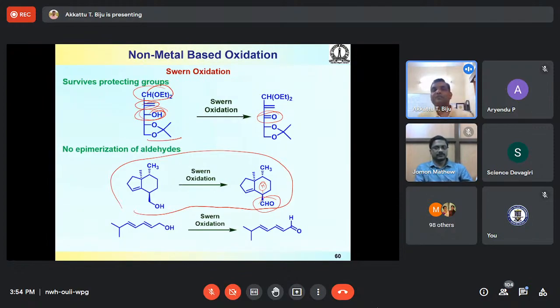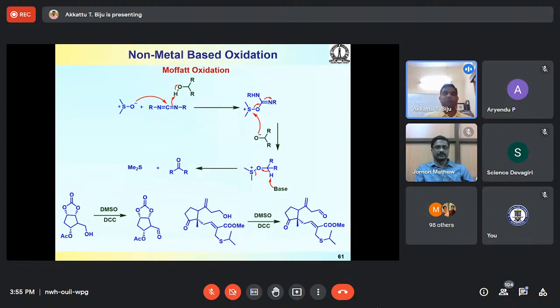So normally people do it at minus 40 to minus 78 degrees Celsius, which will make sure that the reaction is complete without any side product formed in this Swern type reaction. Okay, thank you.